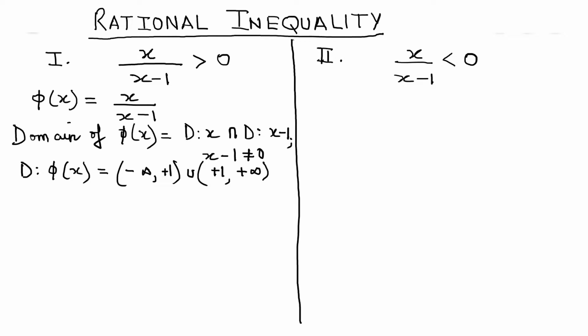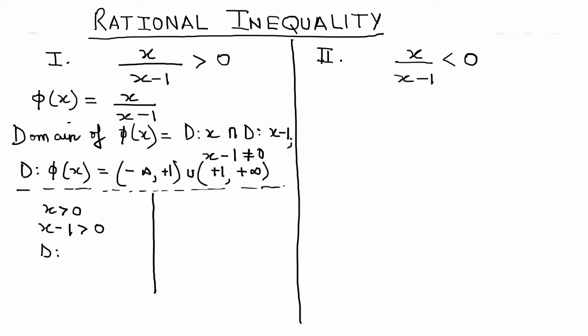Now when we are solving this, as discussed earlier, this is the basic that you talk about. This is the first thing that we do. The second thing is we divide this entire discussion into two parts, wherein the first part is if the numerator is positive and so is the denominator, and then you take this with the intersection of the domain of phi x, and we get the solution set.